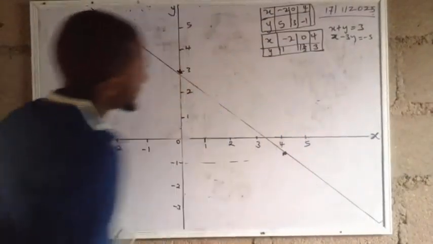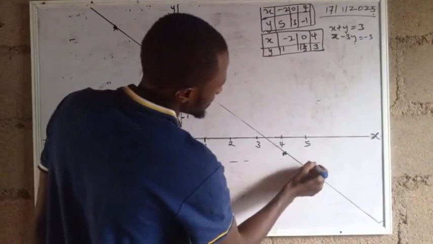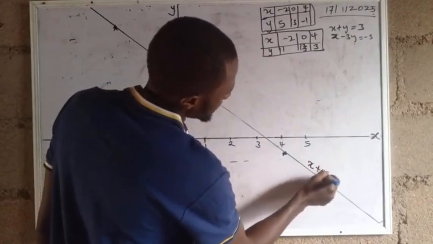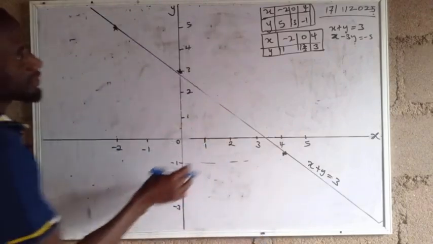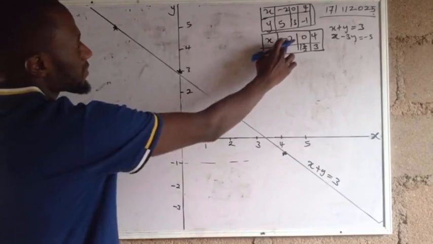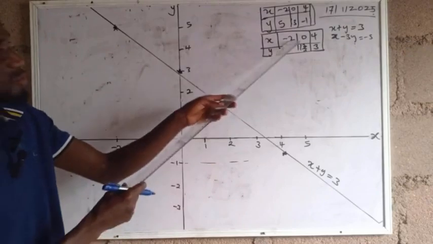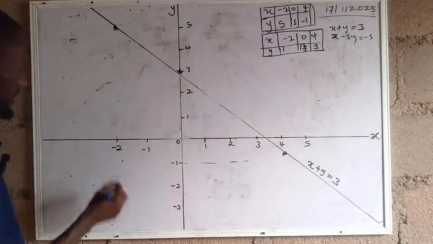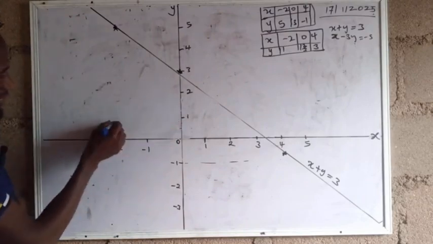Then let's plot the second graph. This is for x plus y is equals to 3. I'm going to plot the second graph when x is -2. When x is -2, then y is 1, somewhere around here.